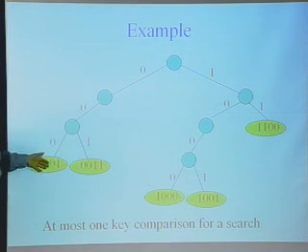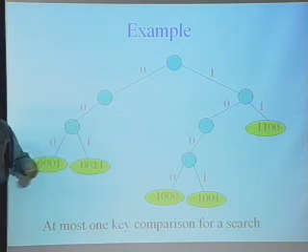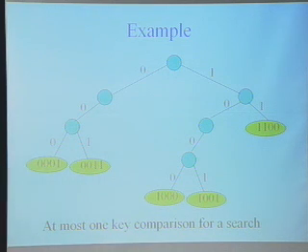Or the path will end at a data node, in which case you have to compare the search key with the key stored there to see if there's a match. All right, so searches can now be done with at most one comparison, whereas the previous structure, digital search trees, required a number of comparisons equal to the number of bits.